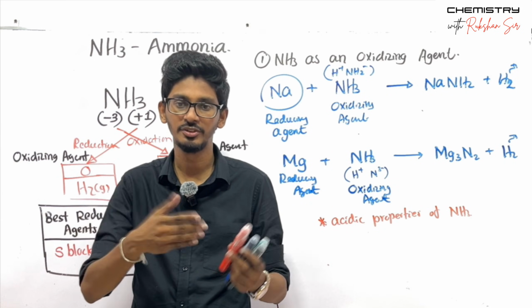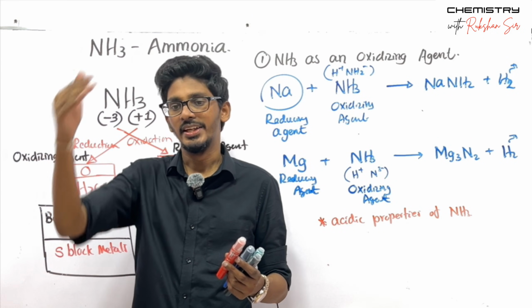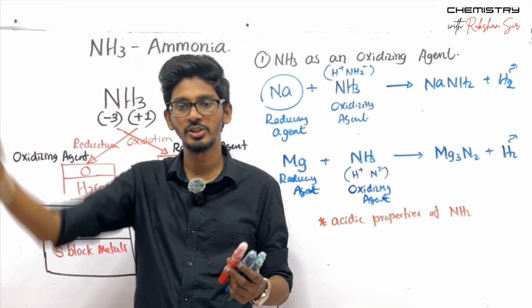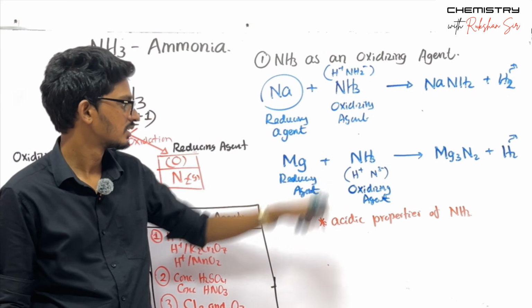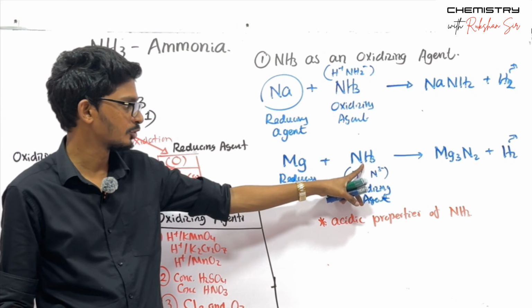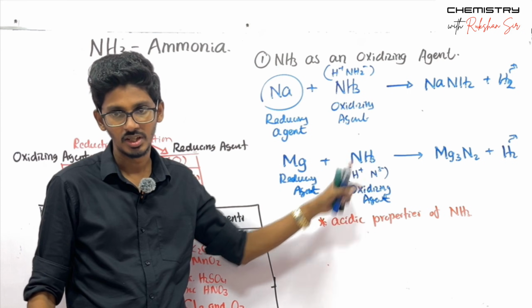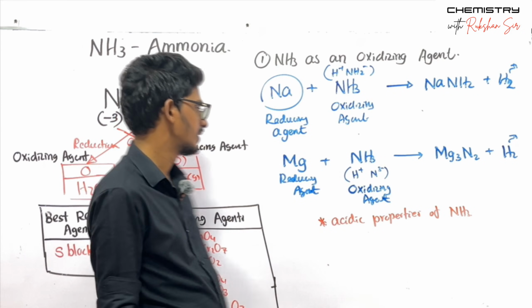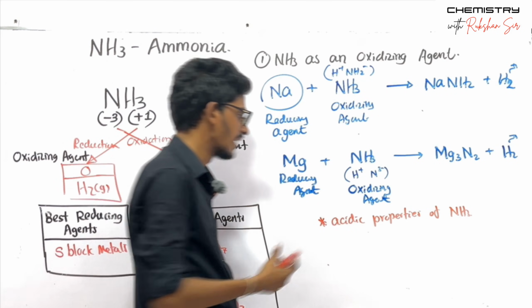If metal reacts with something to form the salt and H2, that something should be an acid. So that is what happens here. So metal reacting with NH3 to form the salt and H2. So this NH3 should be an acid. So this is kind of a reaction scheme which will indicate the acidic properties of NH3.